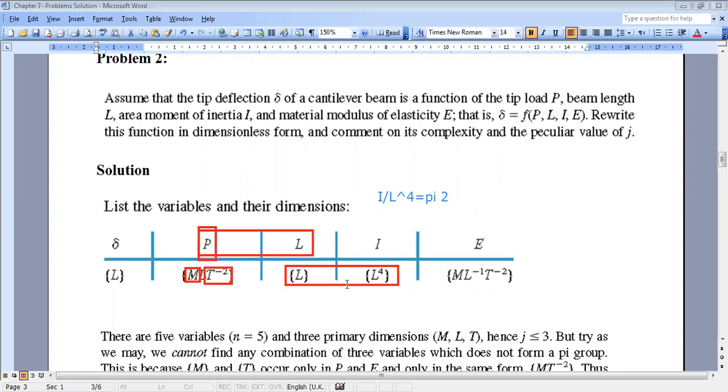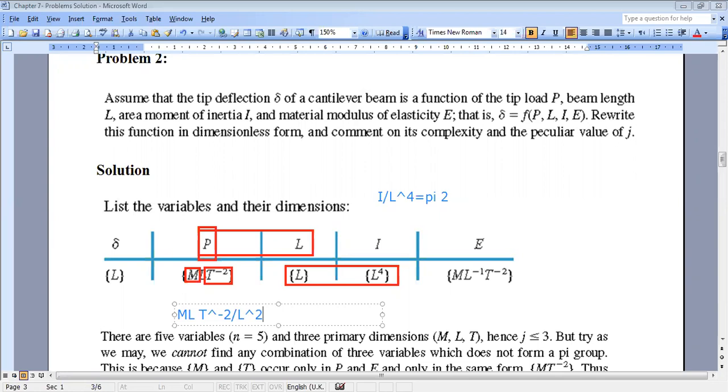Here it is very easy. Why? Because P is MLT minus 2. What should I do to get ML minus 1T minus 2? Divide by L square. Exactly, I should divide it by L square.